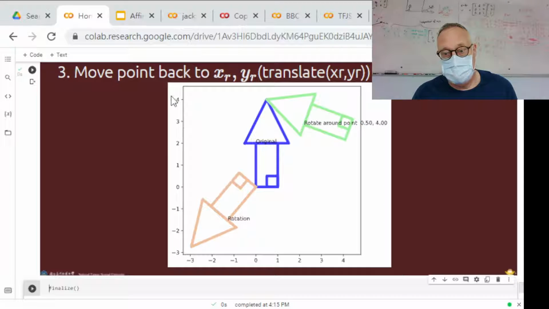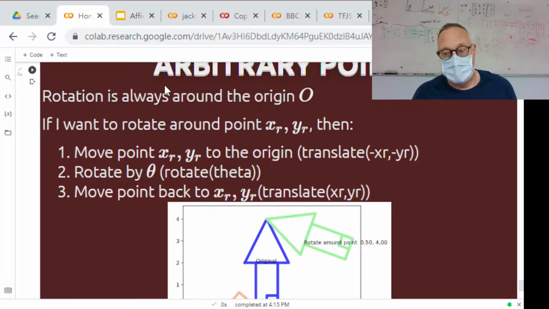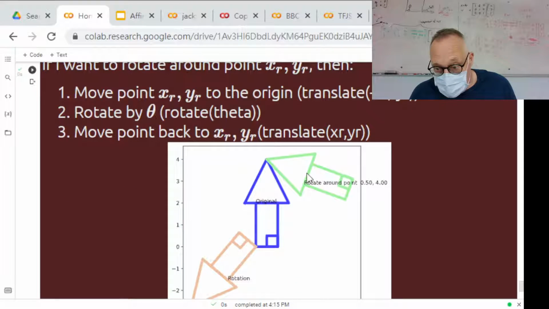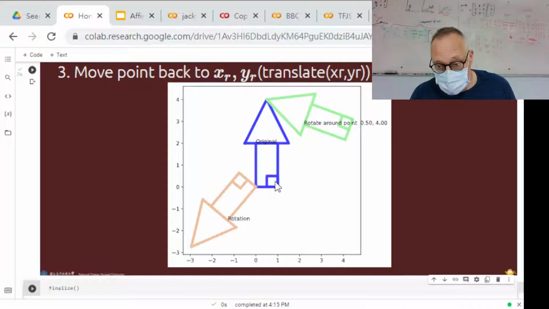So here, if I want to rotate around an arbitrary point xr, yr, then I have to move the point xr, yr to the origin, rotate, and then move everything back. So if I want to rotate around point 0.5, 4, so here's my arrow, if I want to rotate around this point here, then this is exactly what happens.